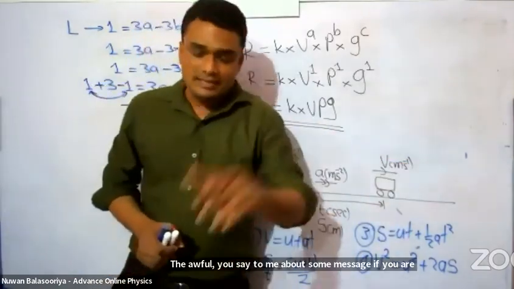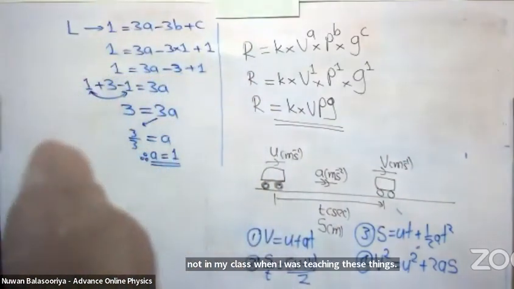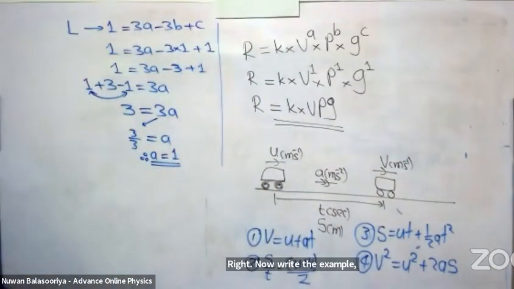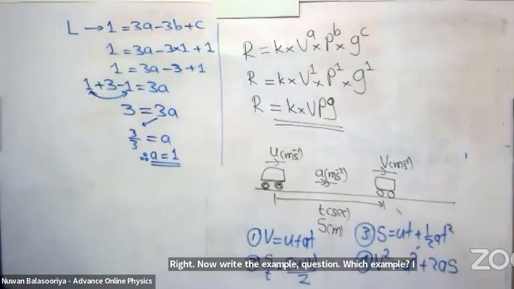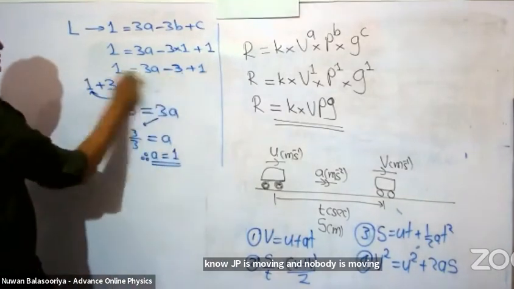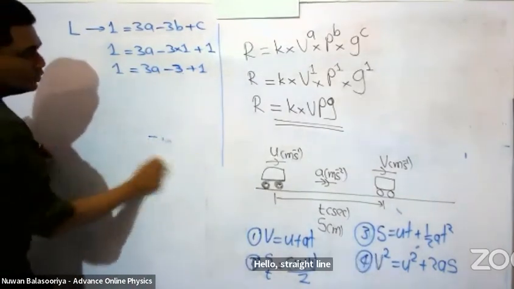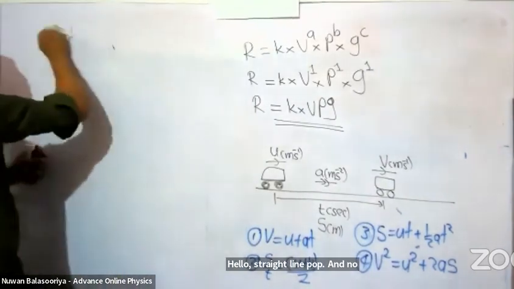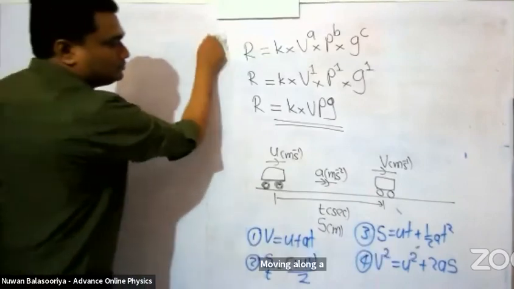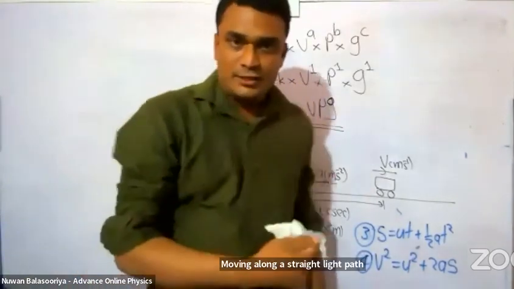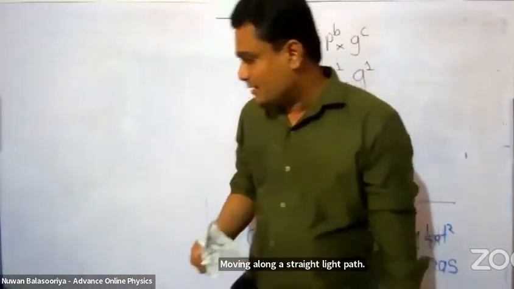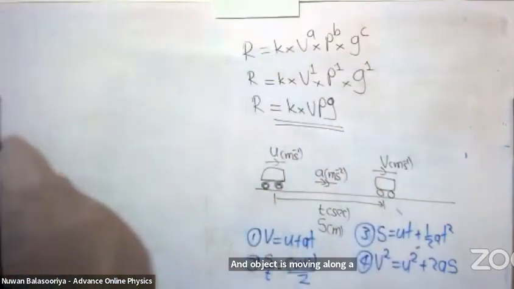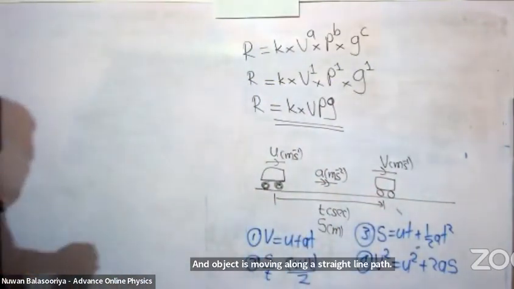Right. Now write the example. Question: An object is moving along a straight line path as shown in the following figure.